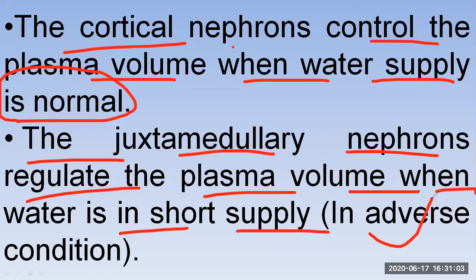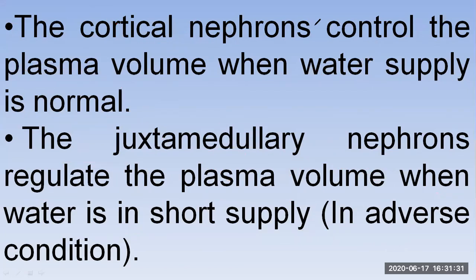That means in adverse conditions, juxtamedullary nephrons regulate the plasma volume. Okay, it maintains the plasma volume during a water crisis or short supply. Water short supply means an adverse condition, and at that time the juxtamedullary nephron will be active. And when the water supply is normal, the cortical nephron is active.